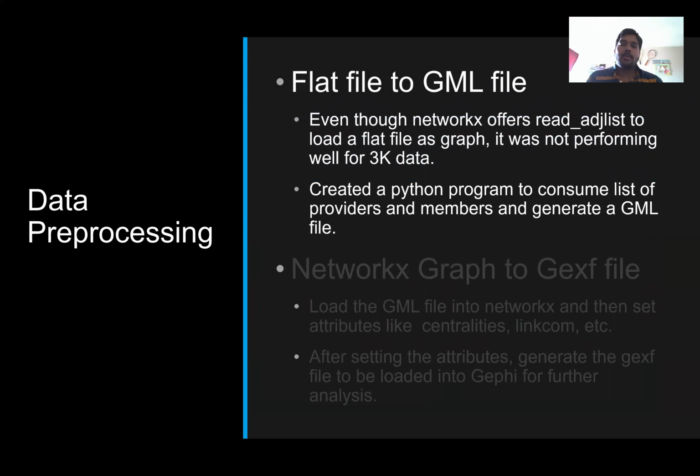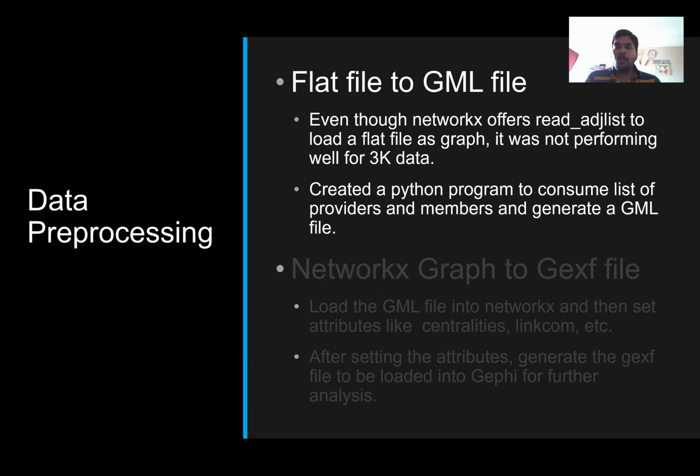To start with the project, it involved pre-processing of the data, because what we received from the Kaggle dataset is a flat claims file. First I had to take the claims and provider details from the flat file and put them in a comma separated file.